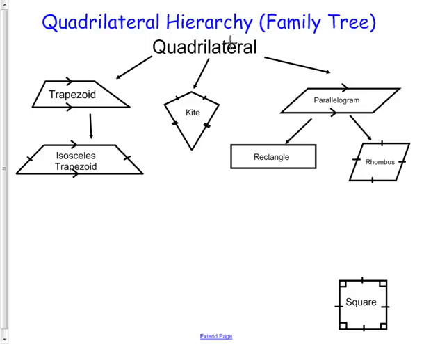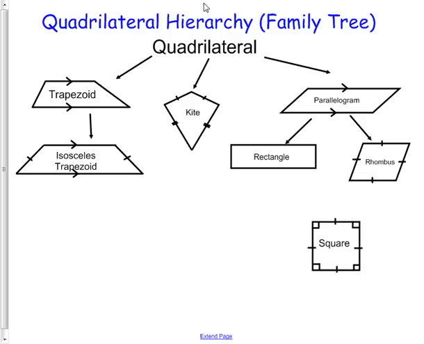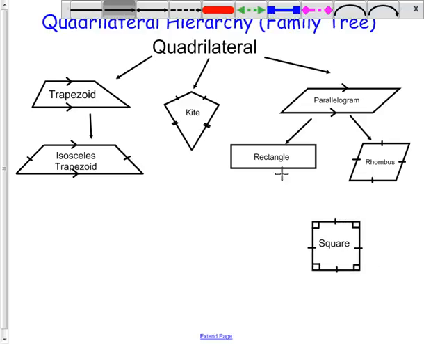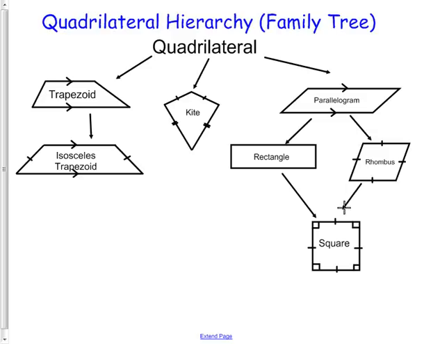So this is where it gets kind of weird. These siblings, rectangle and rhombus, had a kid together, and that was square. A square is a specific type of rectangle, because a square has 90-degree angles, but it also has all 4 sides the same.